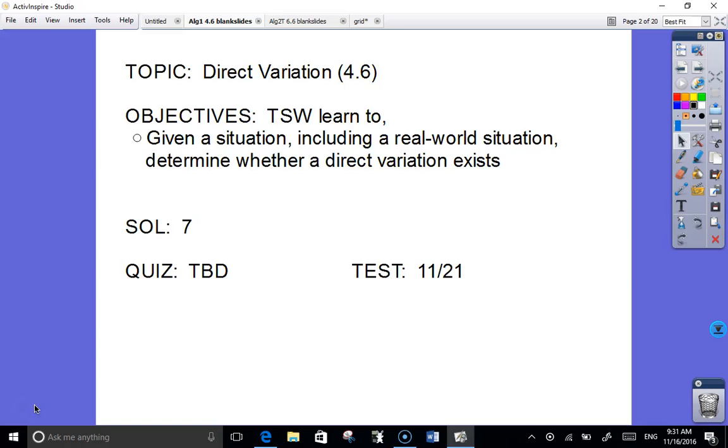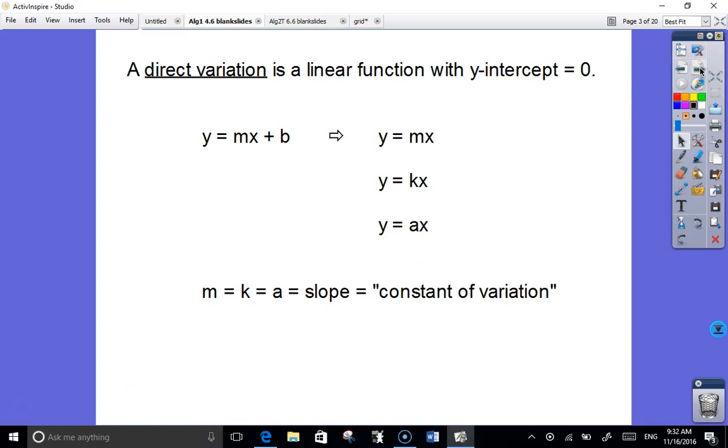So today's lesson is about a certain kind of linear function, which is called direct variation. We had one in the homework. Remember the one that was y equals 2/3 x? The y-intercept was 0, so the graph went right through the origin.